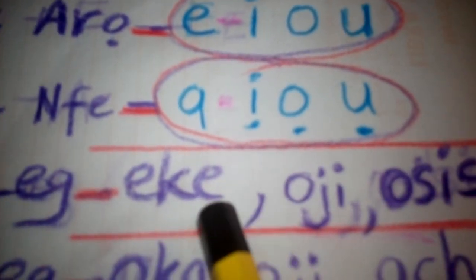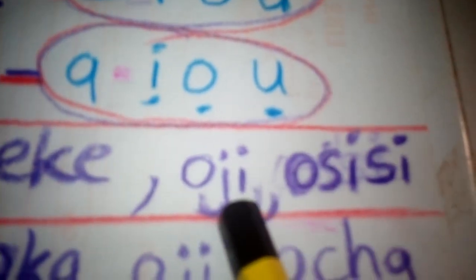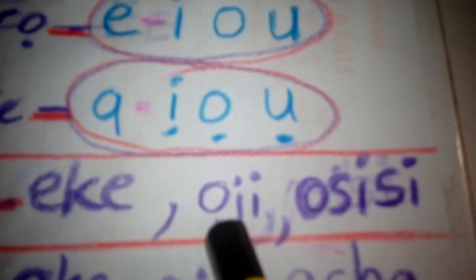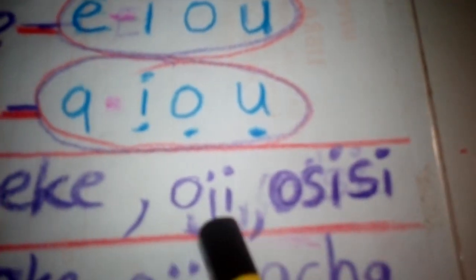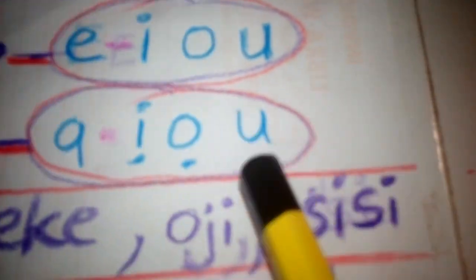Like you see here, Oji. Eke is the market, the first market of the Igbo market, I taught you in the last video. Oji is black in English. So you see, O is from this group.